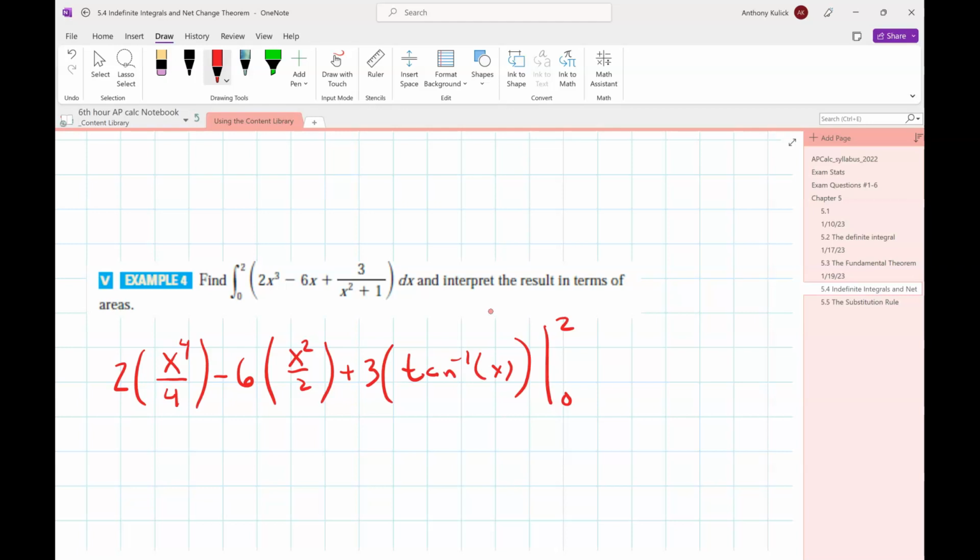Okay, so let's plug these in. That's going to be 8, and then 12, and then 3 tan inverse 2, and then it'll be minus 0 plus 0. Tan inverse of 0 is?